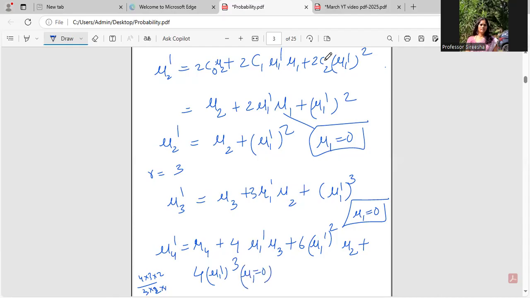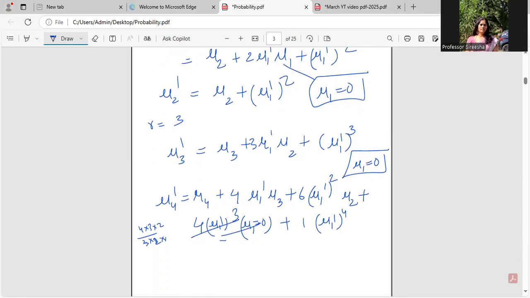Okay. Plus 4C4 would again be 1, mu1 prime whole power 4. Anyways, mu0 power 0 would be 1. Okay. This is how I'll be getting it. This term will vanish off. So finally, I'll be having mu4 prime is equal to mu4 plus 4 mu1 prime mu3 plus 6 mu1 prime whole squared mu2 plus mu1 prime whole power 4. Actually, they are all binomial coefficients.